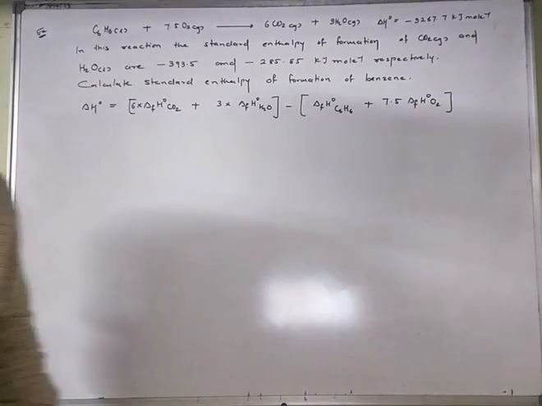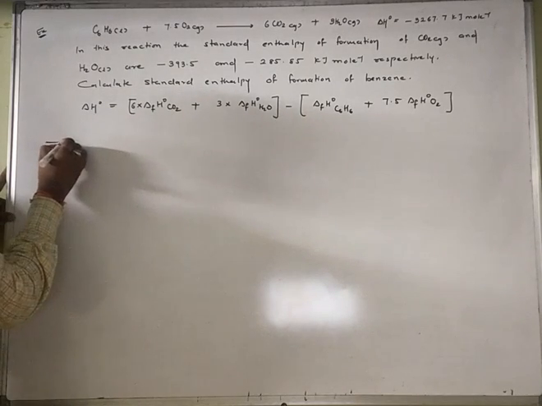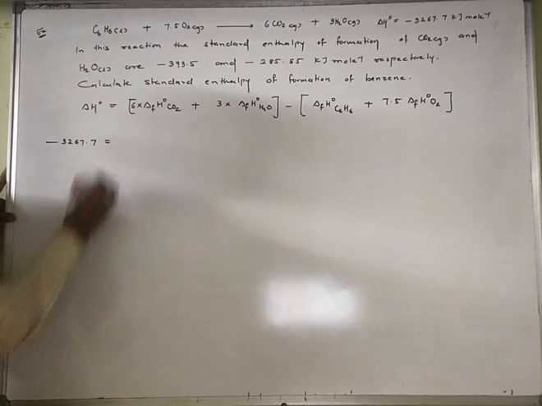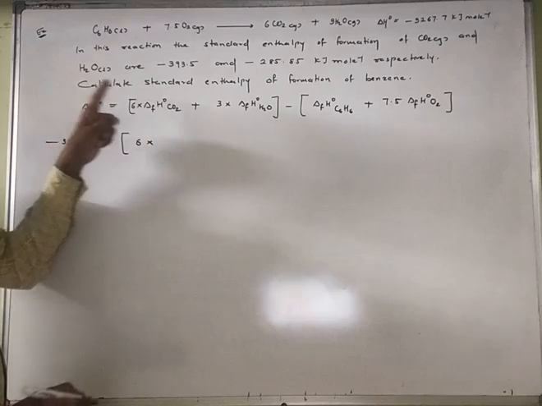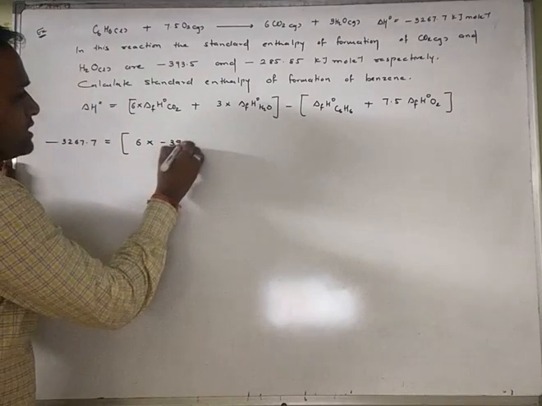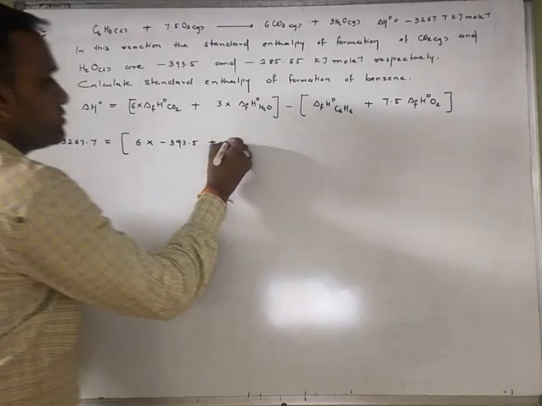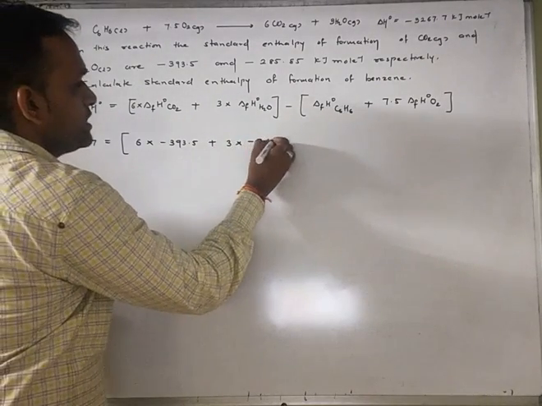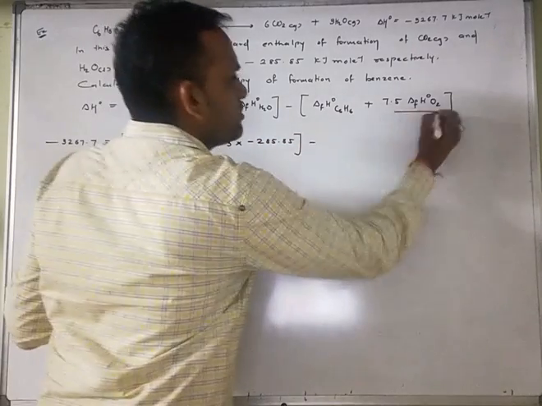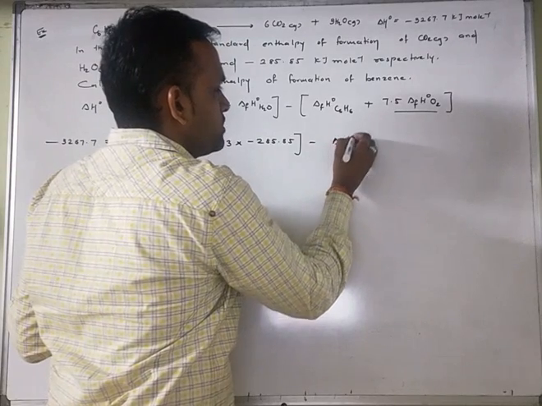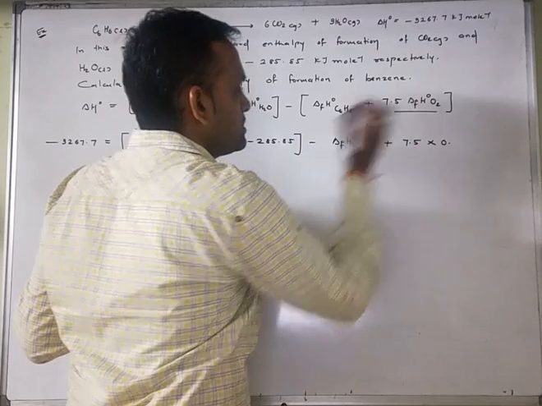Understand? Right? Now put the value, you can get the answer. Now यहाँ पे minus 3267.7 equals to 6 into CO2 का minus 393.5 plus 3 into minus 285.85. Okay, minus, this will be 0.